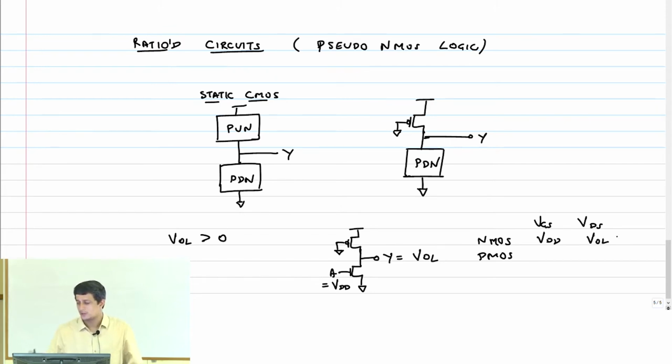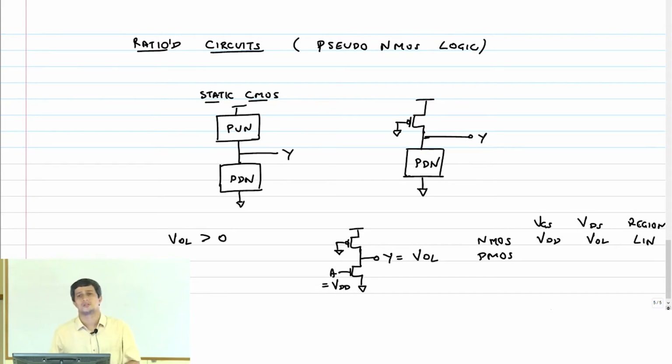Now, VDS compared to VGS minus VT. Therefore, the region is linear, because VOL is much smaller than VDD minus VT.